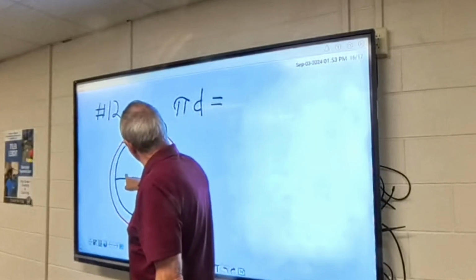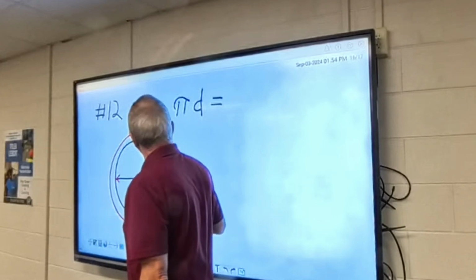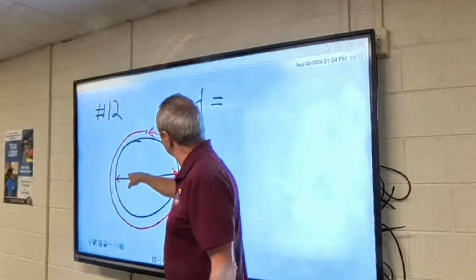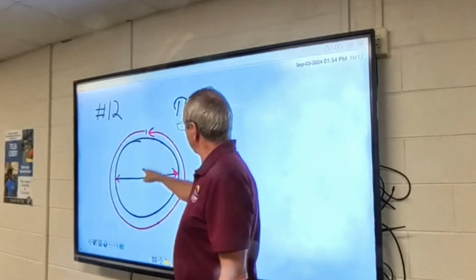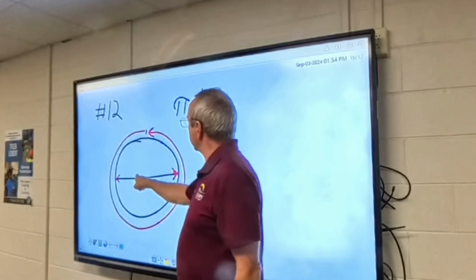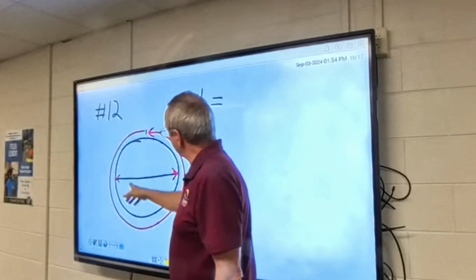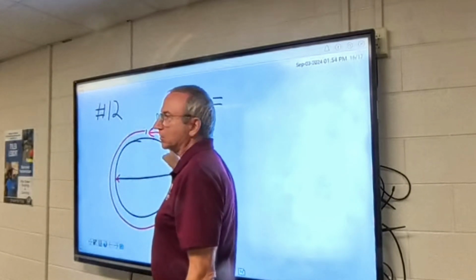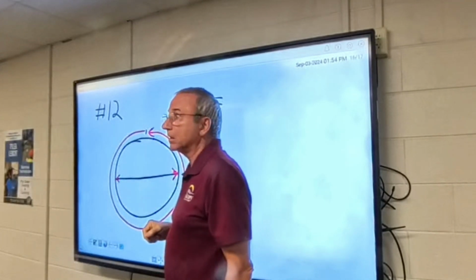And then they measured across that circle. And they wondered, what's the relationship between that and that? Well, it turns out that this is a little over 3 times the distance of that. If you take this and multiply it by 3 something, you'll get this. Or if you take this divided by 3 something, you'll get that.